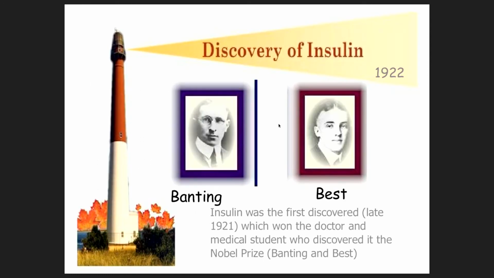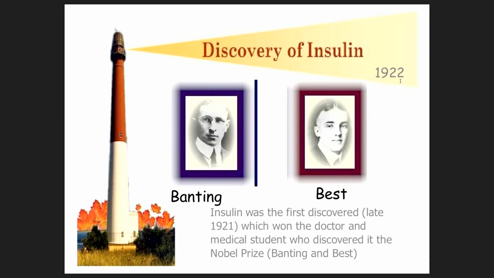When we come to the history of insulin therapy, it is the main therapy for type 1 diabetes, which is why type 1 diabetes is called insulin dependent diabetes mellitus. The first person who discovered insulin was Professor Banting Best, a professor of orthopedics, who discovered insulin in 1922.